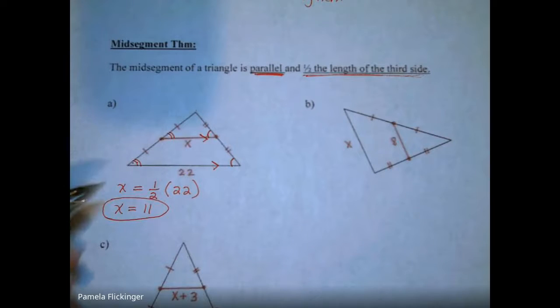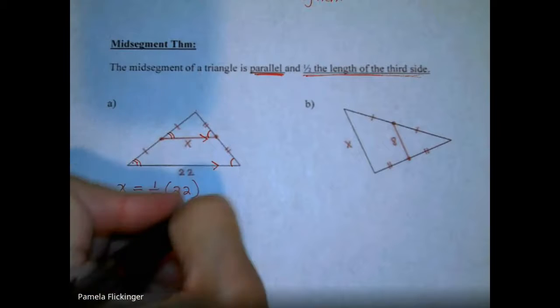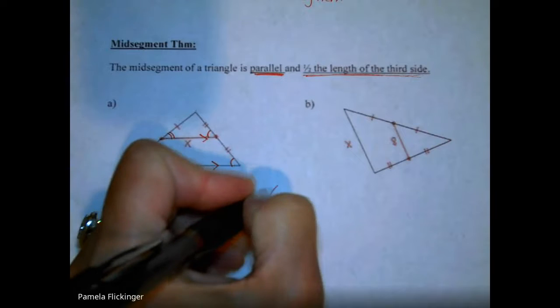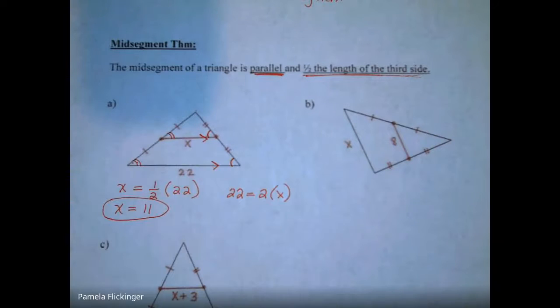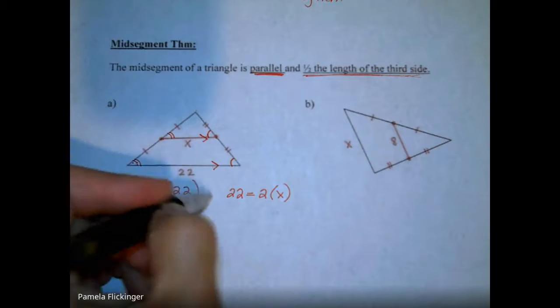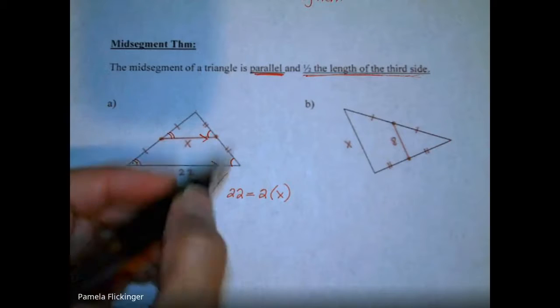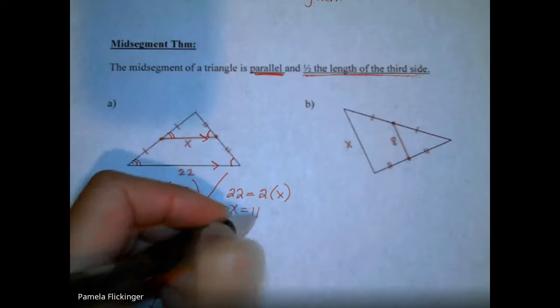Now, some people, instead of using the fraction half, like to say the third side is going to be double the midsegment. It's just another way to set up your equations, and I'm fine with that. And so you would divide by 2, and you get the same thing.